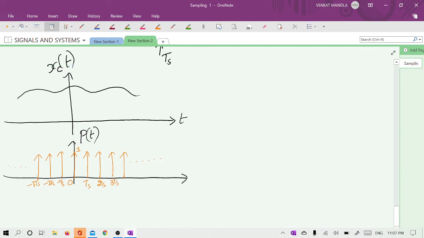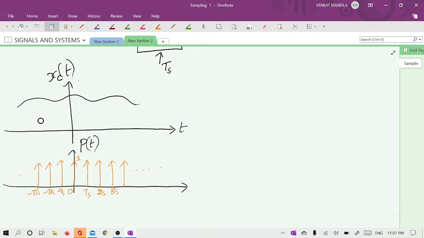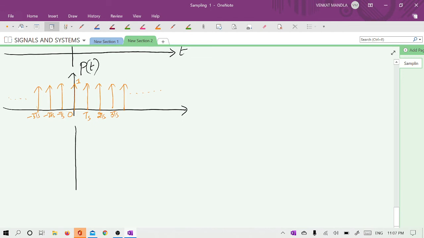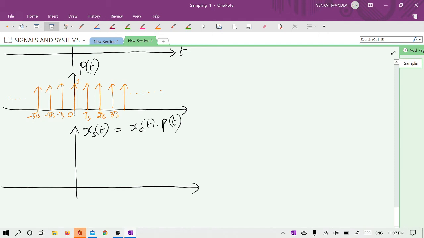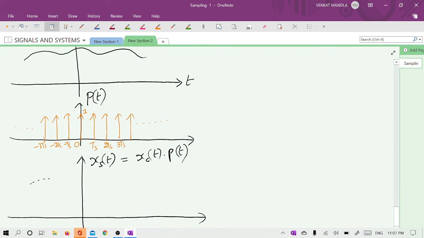So what I have to do is multiply these two signals, x c of t into p of t. What do I get? Let us say x s of t, which is x c of t into p of t. What do I get?